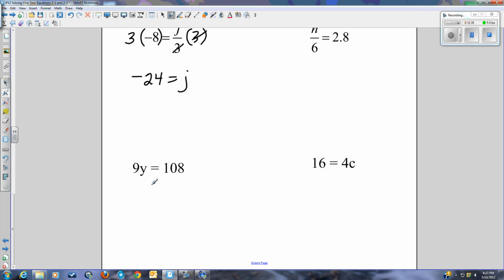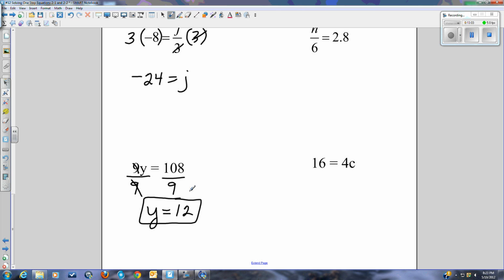We have 9y equals 108. We want to get y by itself. So divide everything by 9. Because the 9 was multiplying the y, the opposite of multiplying by 9 is dividing by 9. The 9's will cancel, and we're left with y equals 108 divided by 9 is 12.